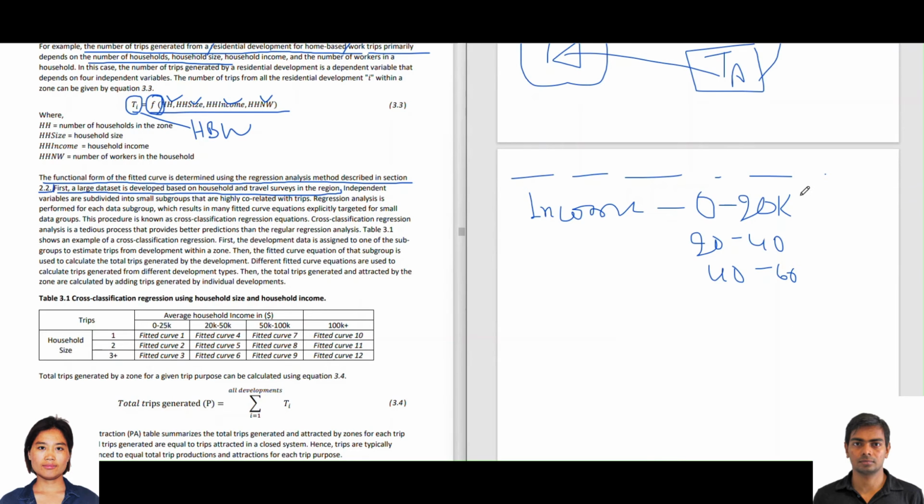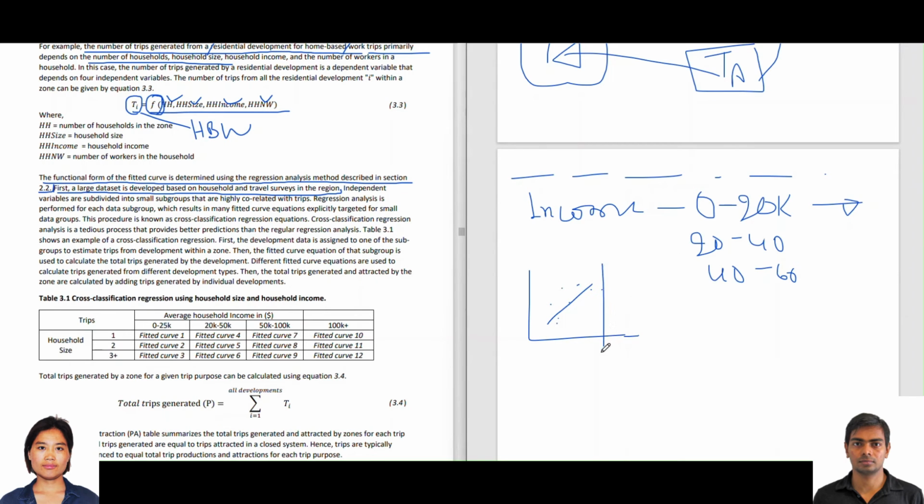And then based on this data, a fitted regression curve is developed for each of these groups. So let's say between 0 to 20k we have some data points like this. Then one equation will be developed for 0 to 20k.